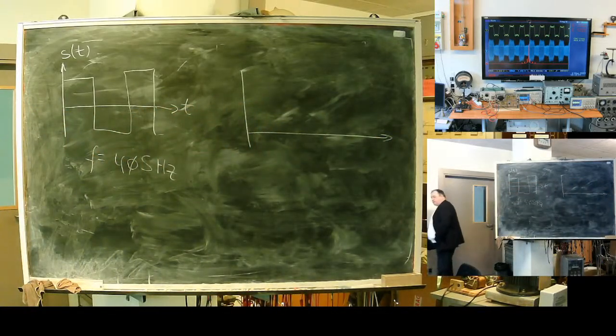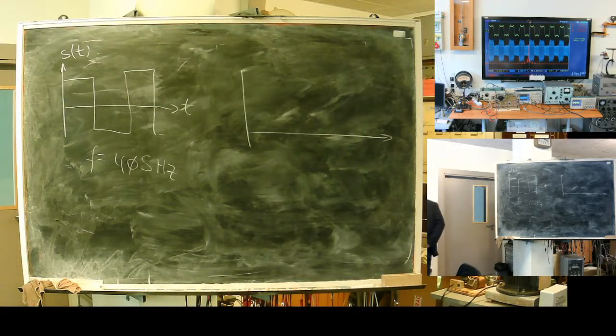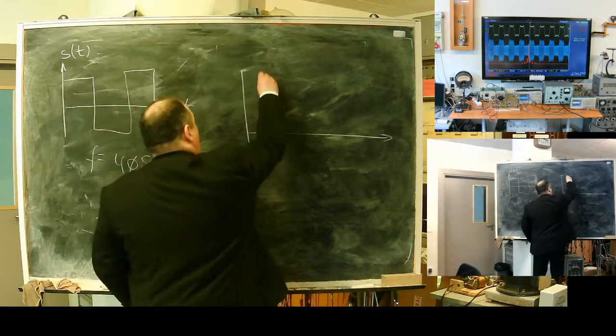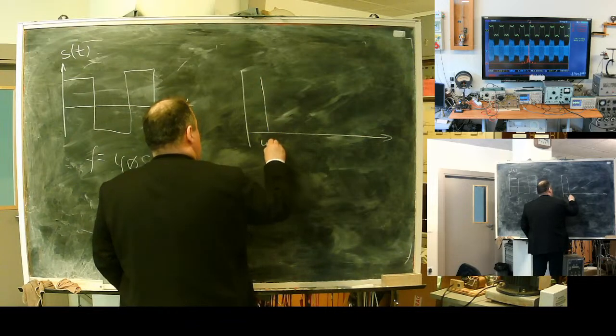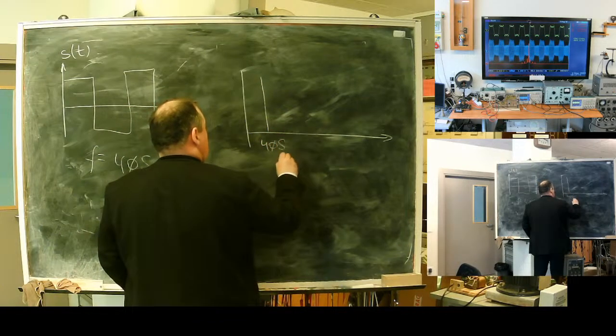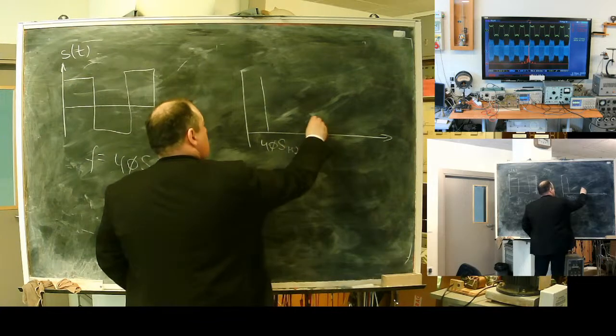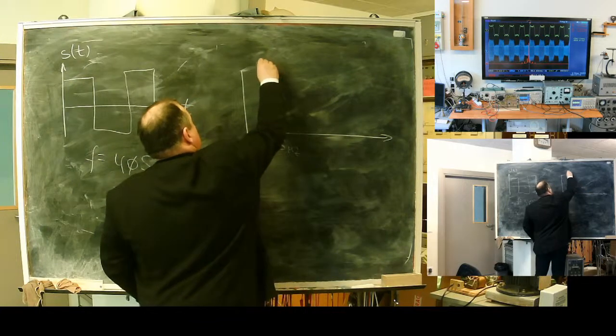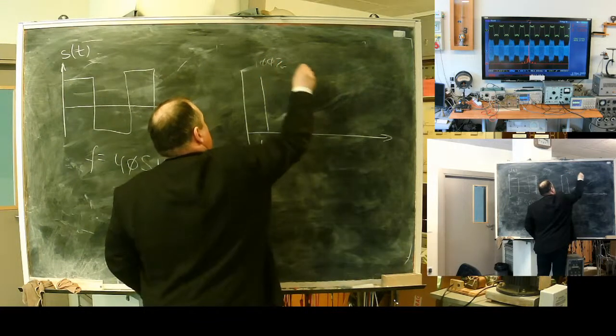Can you tell me what will be the spectrum of this signal? Three straight lines. Three lines. One at, let's say, 405 Hertz. It will be, let's say, 100%.